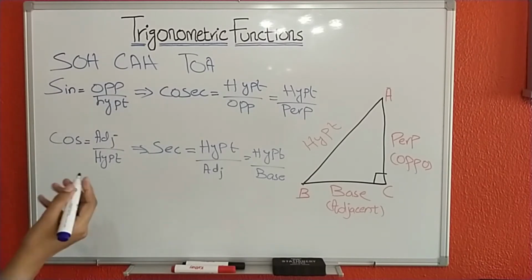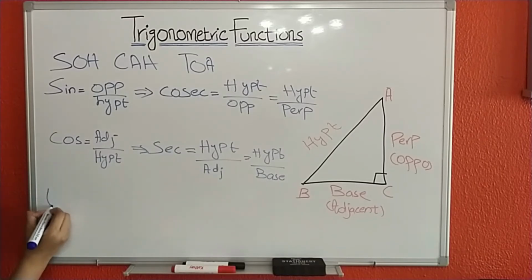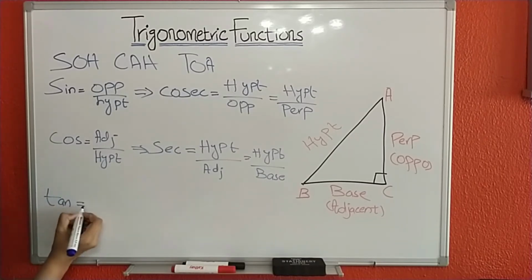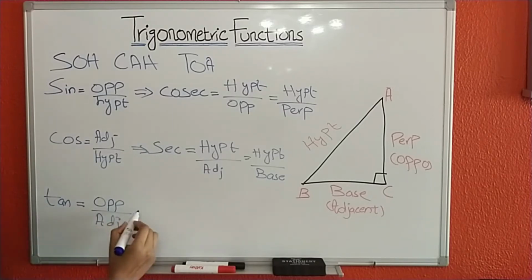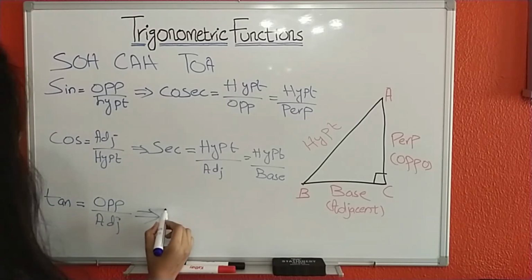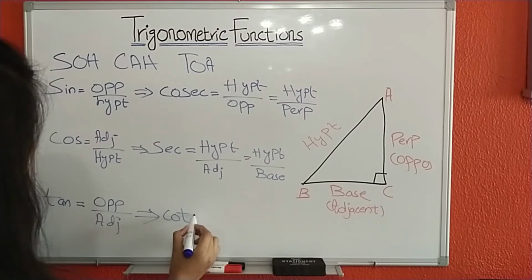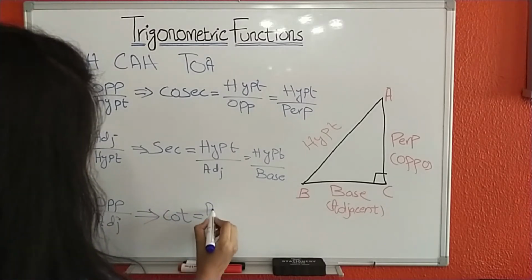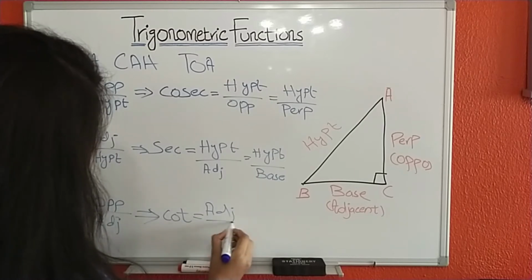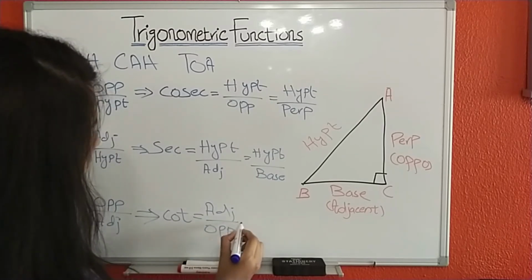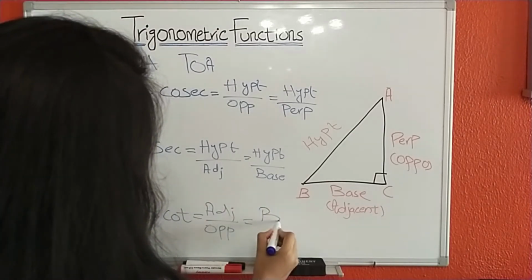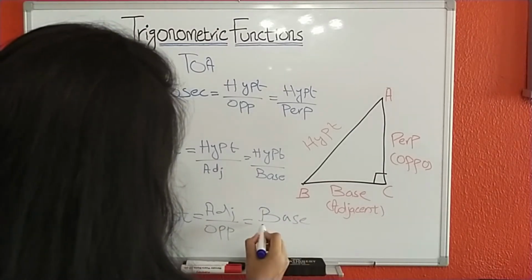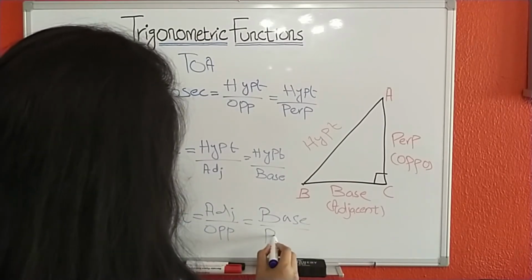And the third is TOA, which means tan or tangent is equal to opposite upon adjacent, and its reciprocal is cotangent or cot is equal to adjacent upon opposite, or we can also write it as base upon perpendicular.